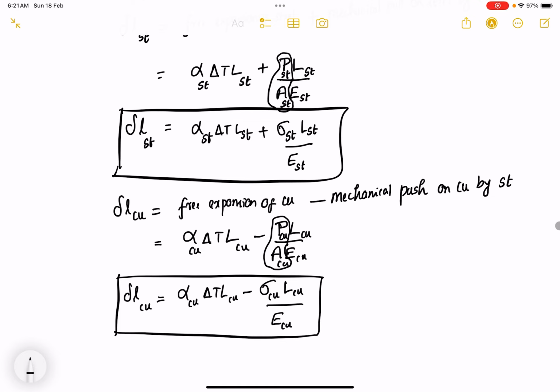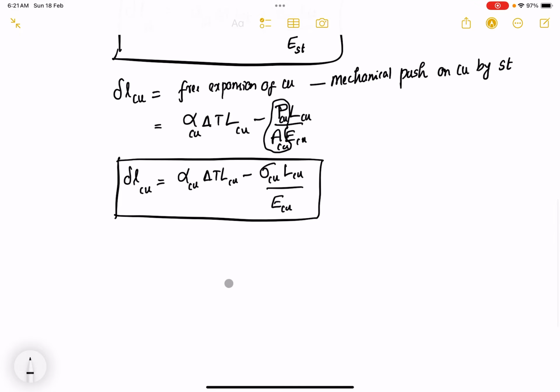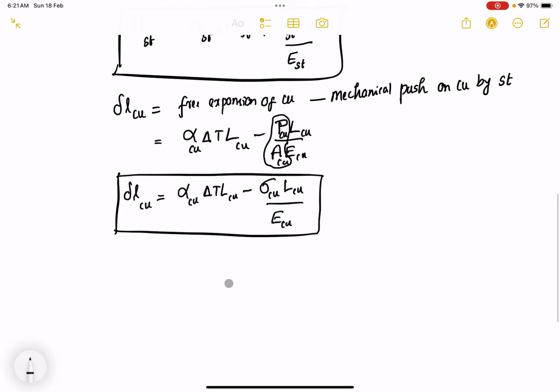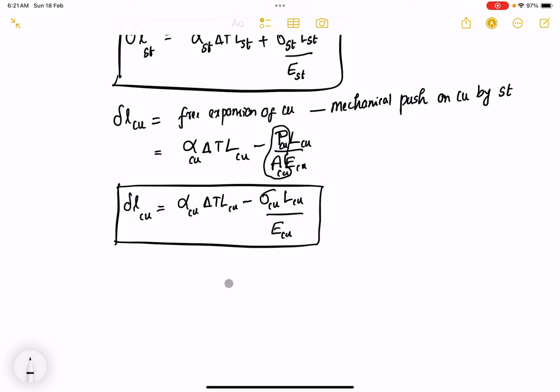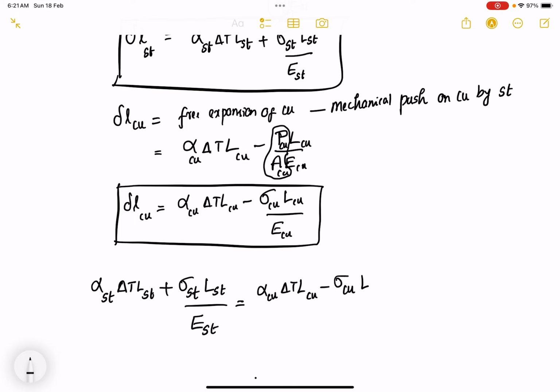So for equilibrium, the change in length of steel should be equal to change in length of copper. So I can now write the two equations together. Alpha of steel into del T into length of steel, plus stress in steel into length of steel divided by Young's modulus of steel, and that should be equal to alpha of copper into del T into length of copper minus stress in copper into length of copper divided by Young's modulus of copper.